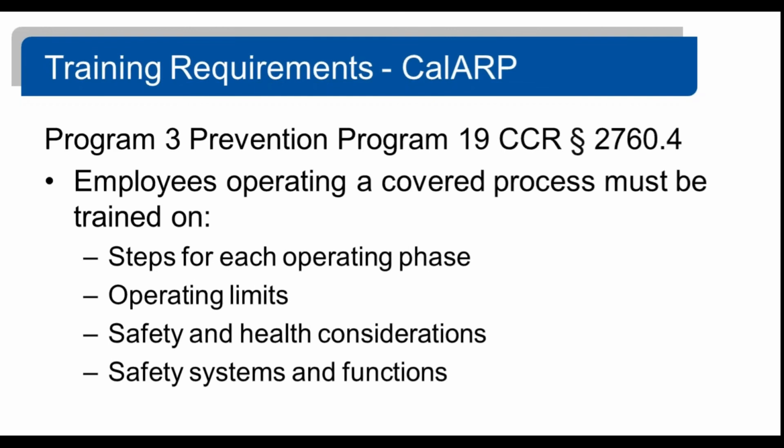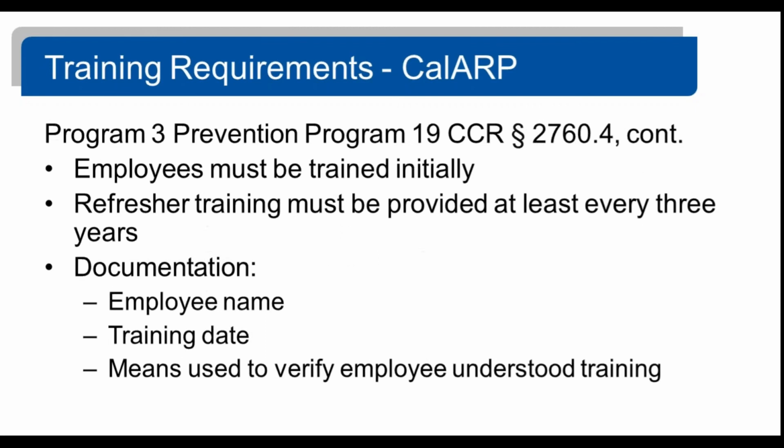So for those employees, the training must cover steps for each operating phase, the operating limits, any safety and health considerations of the covered process, safety systems and functions of the covered process. And like Program 2, employees must be trained initially. Refresher training must be provided at least every 3 years. So initial training, refresher training at least every 3 years, and training must be documented.